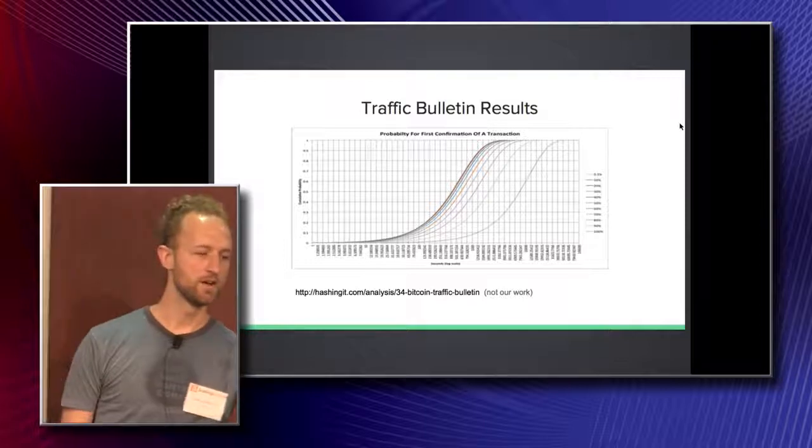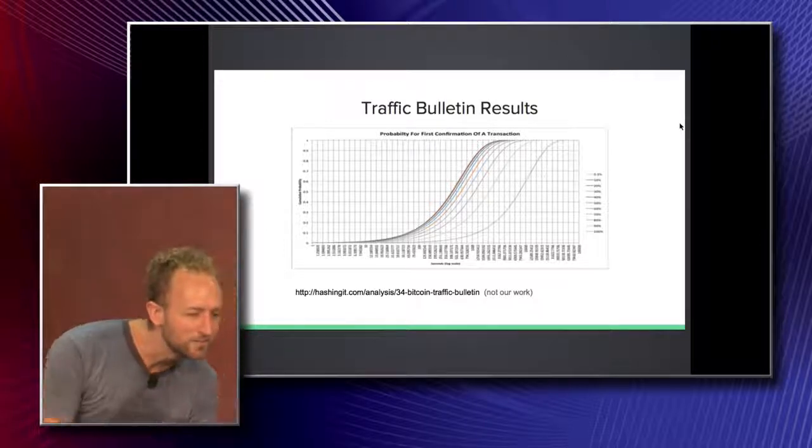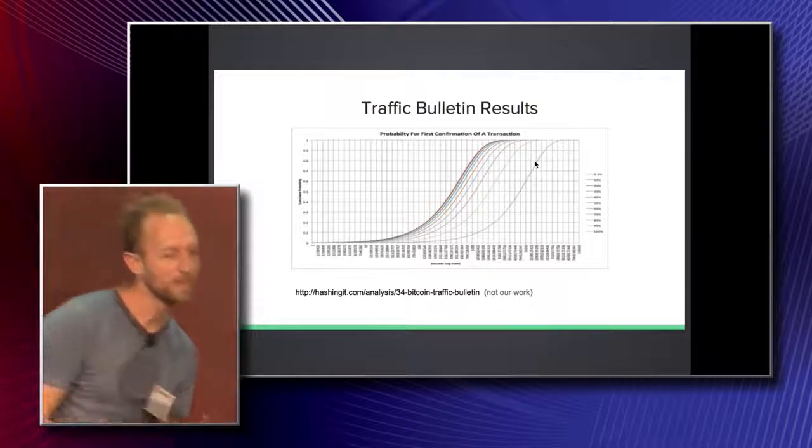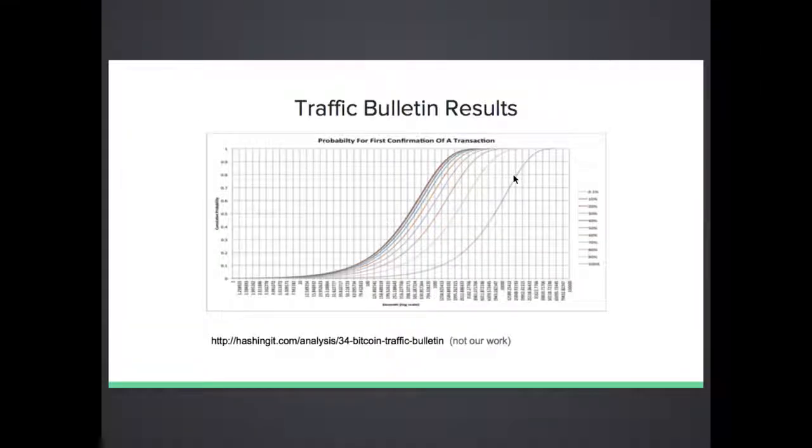I don't know the exact numbers here, but it could be the case that 20% of transactions have to wait over 3 hours or something like that once the load is high enough. So this is the result from the Bitcoin traffic bulletin that we're trying to extend.